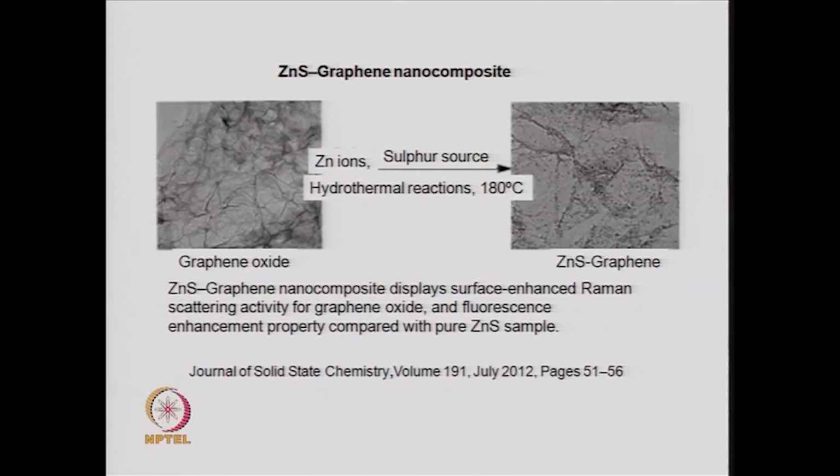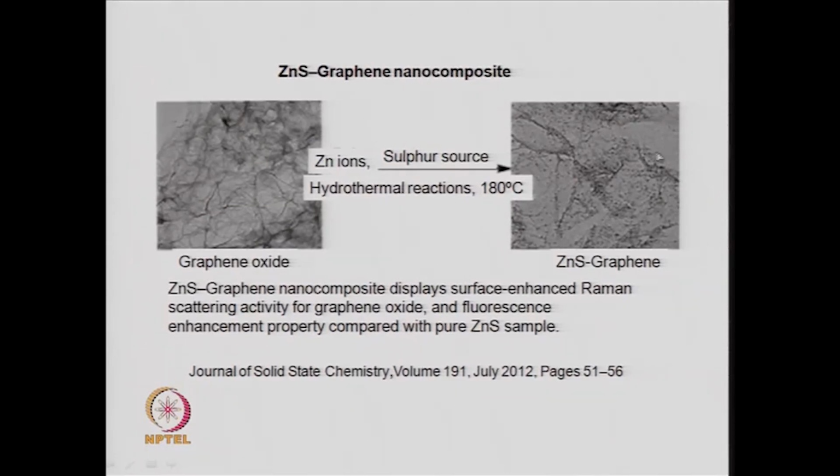So, there is an autogenous pressure which develops, and that is called a hydrothermal reaction, and in that reaction zinc sulphide is formed and it spreads homogeneously on the surface of graphene oxide, which becomes graphene under these conditions.